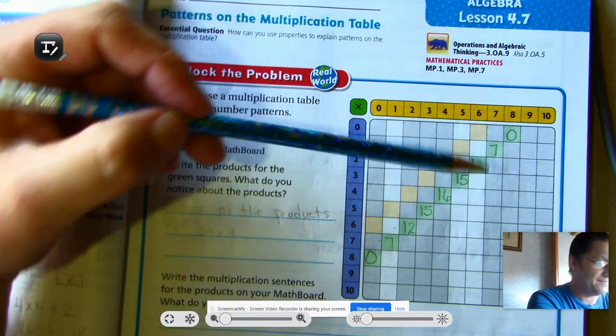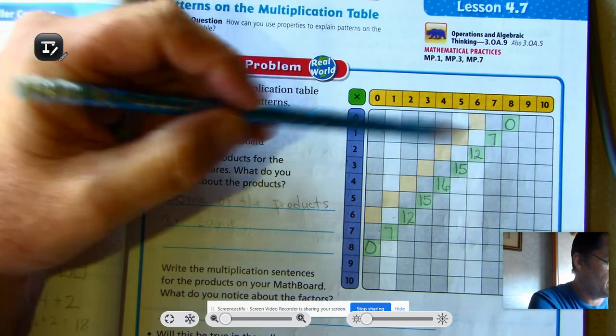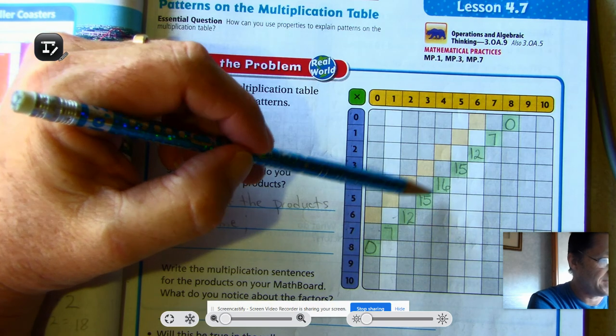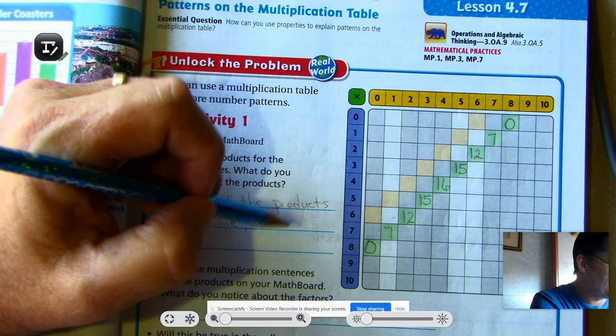And I noticed that as I was going up the row, it was 0, 7, 12, 15, and then on the other side it went 15, 12, 7, 0. So the products switched orders.